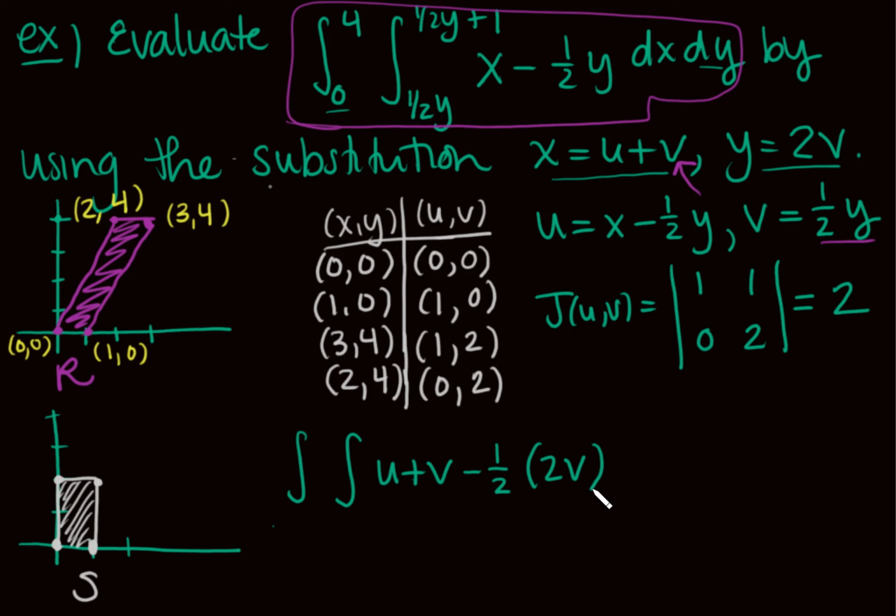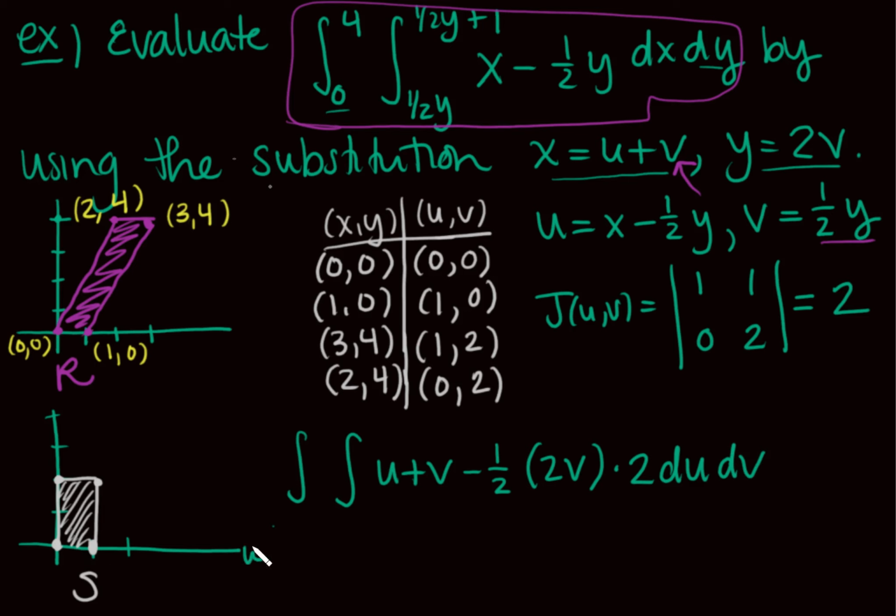It doesn't matter, we just need to make sure we satisfy this region right here. It really doesn't matter because it's a rectangular region. If it wasn't a rectangular region, I would want to integrate with respect to whatever the variables are first. But we could just do, oh, whoops, I forgot my Jacobian.